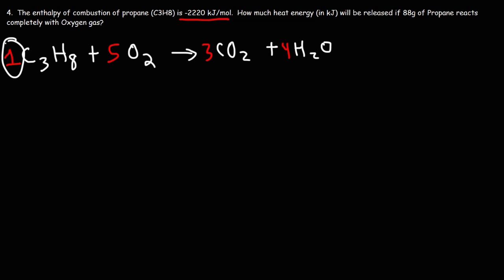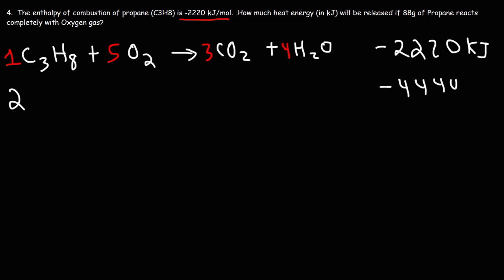Fortunately, we have a 1 in front of C3H8, so we can put the energy associated with this reaction, which will simply be negative 2220 kilojoules. If this number was a 2, this would be twice the amount. It would be negative 4440 kilojoules. But because it's a 1, these two numbers are the same. So make sure you understand that.